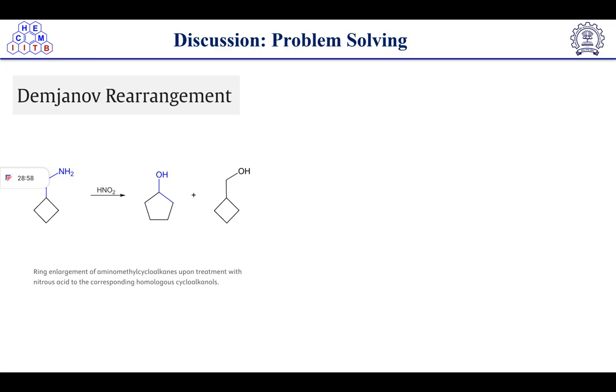So in this case, what's happening? Ring enlargement, ring expansion, we can say, of aminomethyl cycloalkanes with the treatment of nitrous acid to give the cycloalkanols.